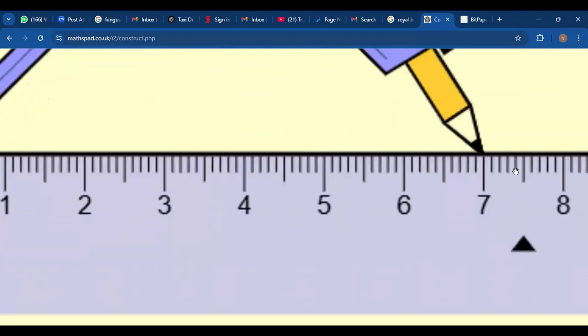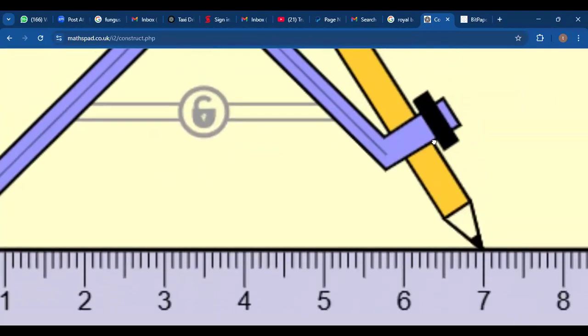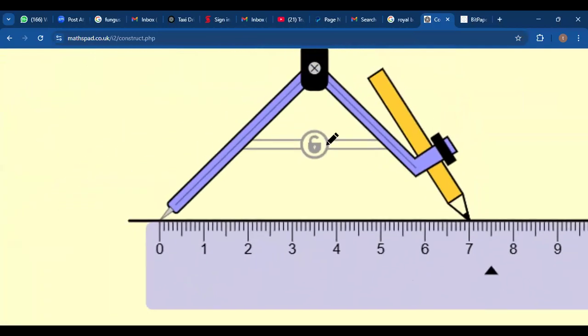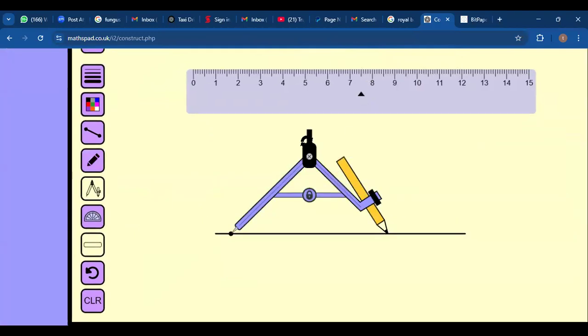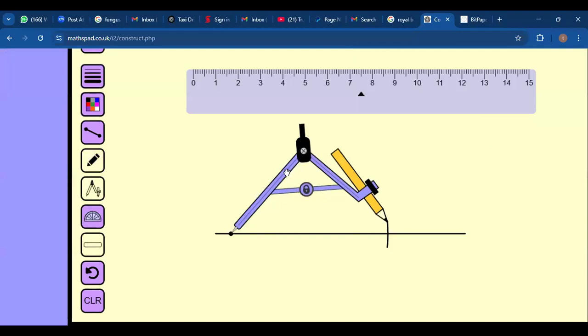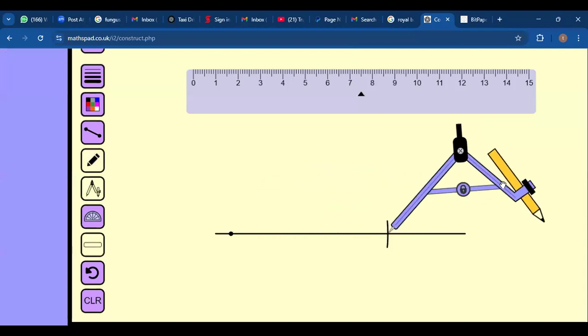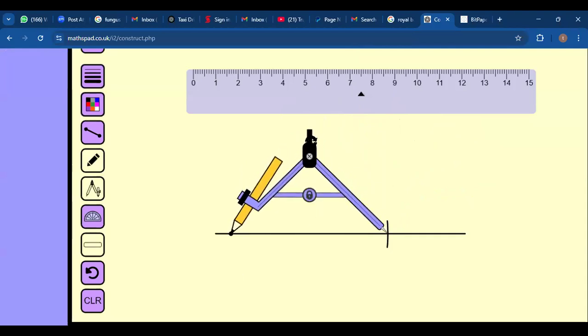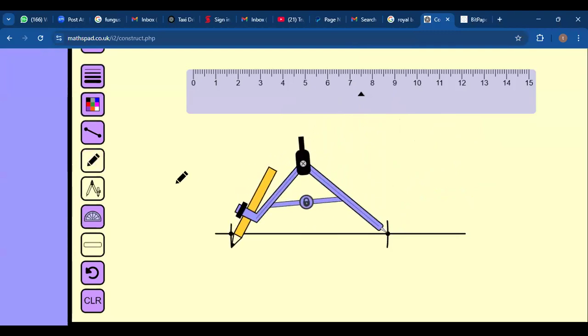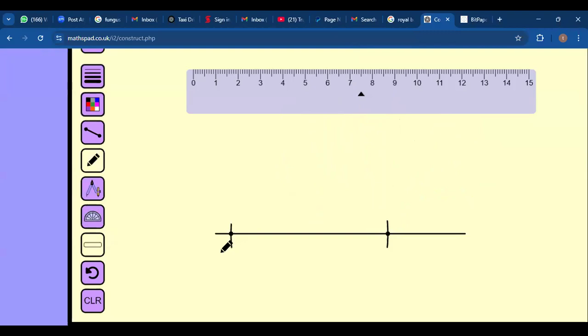So from 0 to 7, that's 7 centimeters. We draw an arc like this, and then another arc on this side. This right here is P and this is Q.